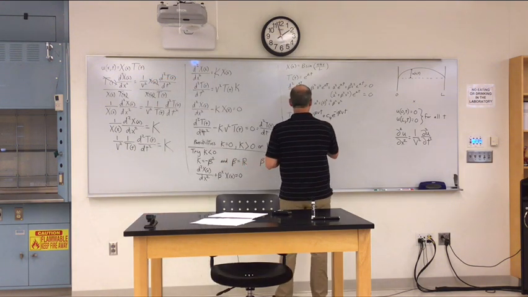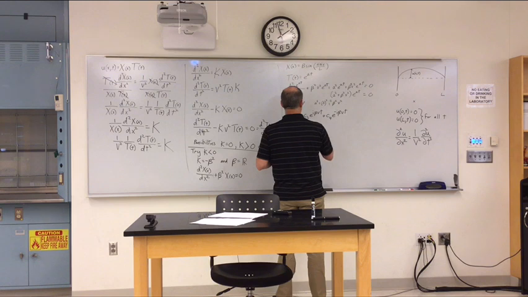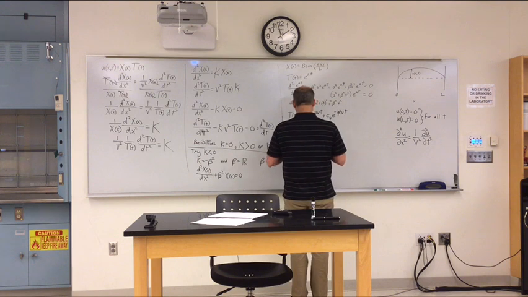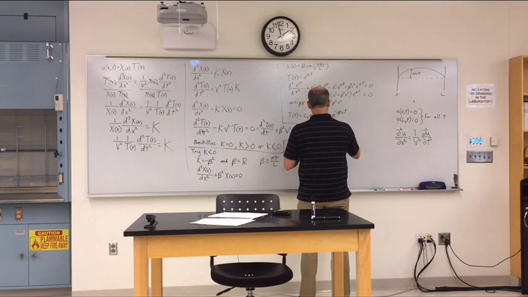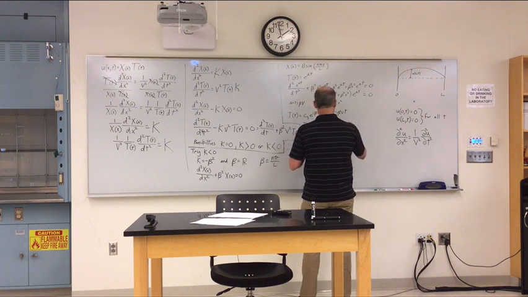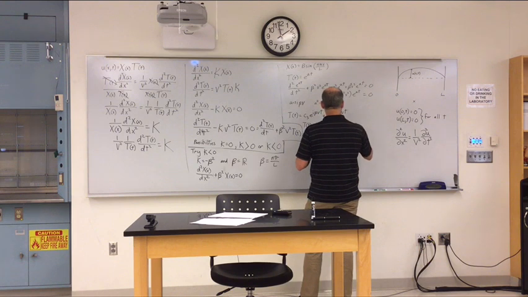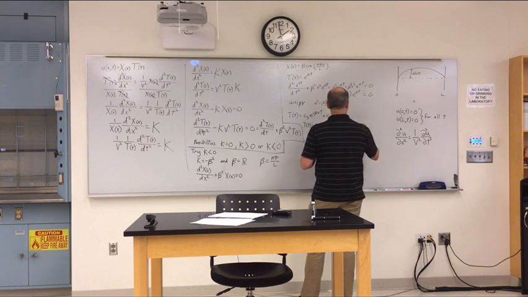So T of t is equal to C3 cosine of beta v t plus i C3 sine of beta v t.